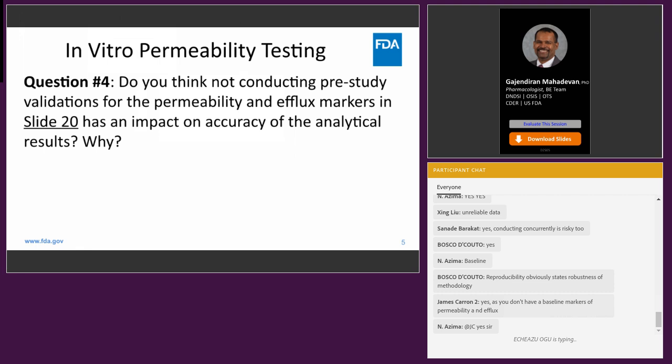Someone mentioned linearity. Yes, that's also very important, because during method evaluation, that information has to be validated for the other 3 analytes, the low and high permeability markers as well as the efflux marker.